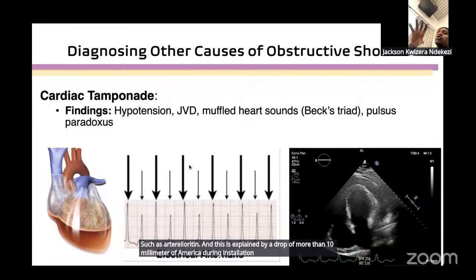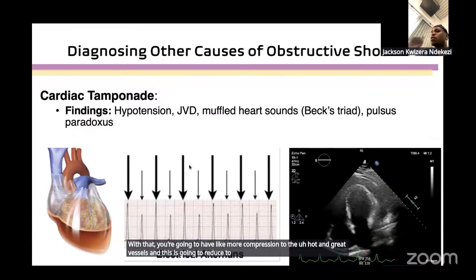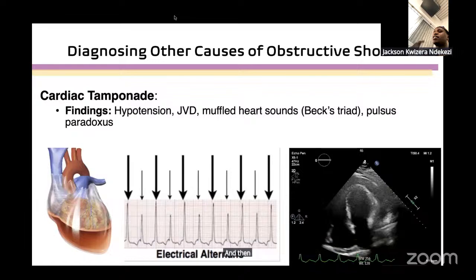During inspiration, you add more pressure to the intrathoracic organs. With that, you have more compression of the heart and great vessels, and this reduces the blood pressure, mostly the systolic blood pressure, by 10 millimeters of mercury. And then when you exhale, this is resolved.